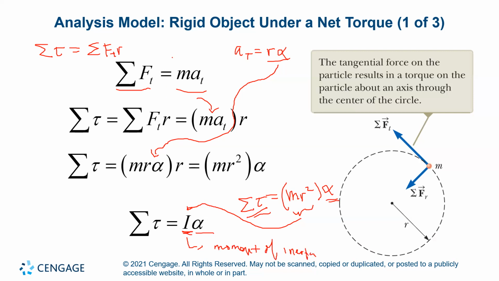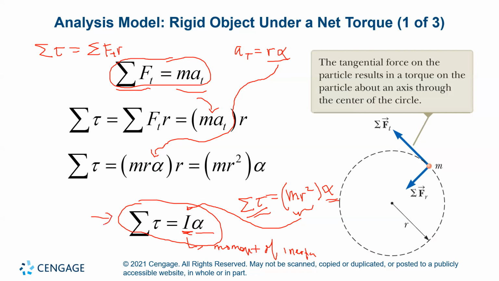If you look closely at Newton's second law, there are some analogies. Instead of the summation of forces, we have the summation of torques. Instead of mass, we have I, the moment of inertia. Instead of linear acceleration, we have angular acceleration.